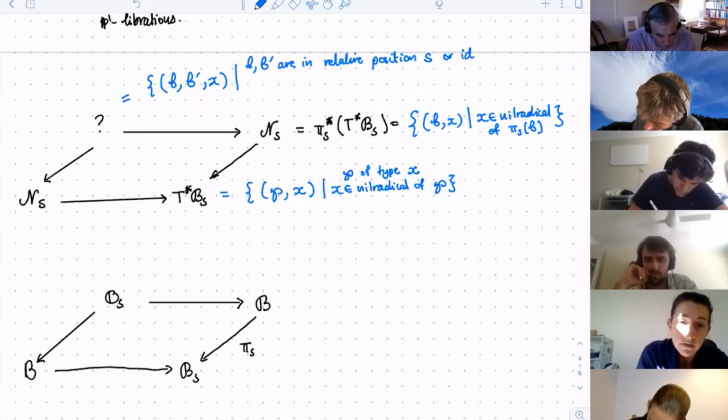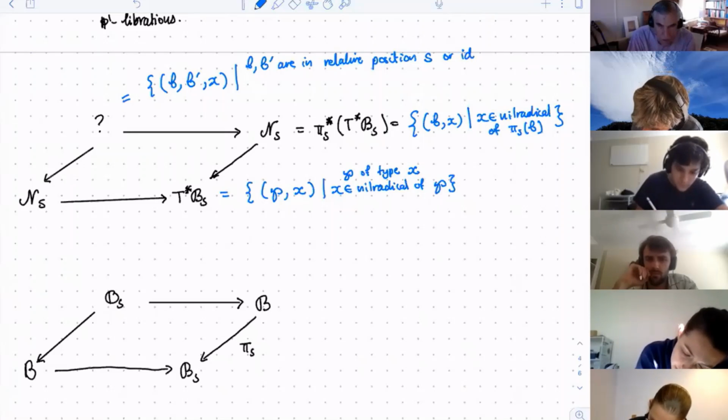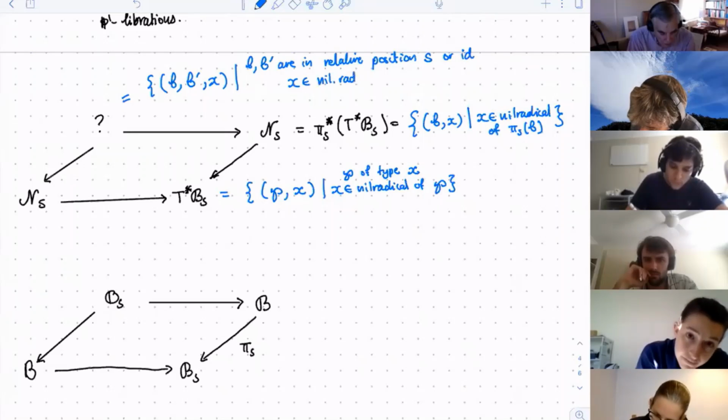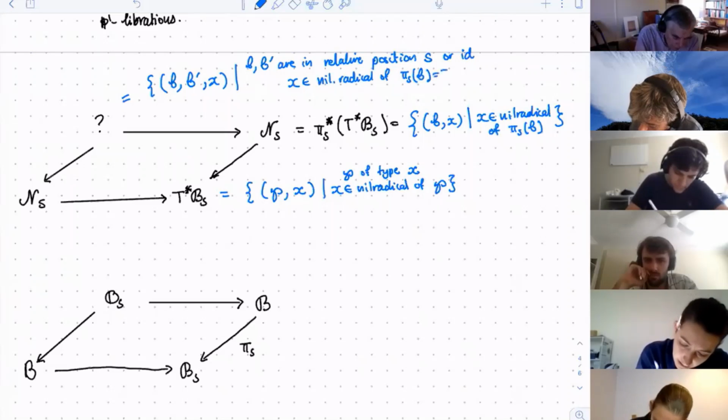And then the second condition is that X is in the nil radical of pi s of B, which is the same thing as the nil radical of pi s B prime.